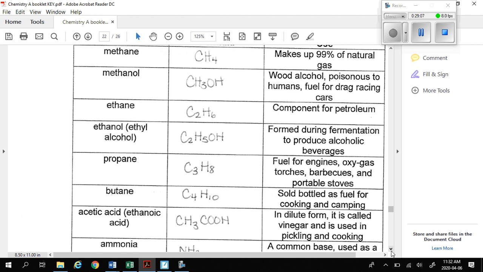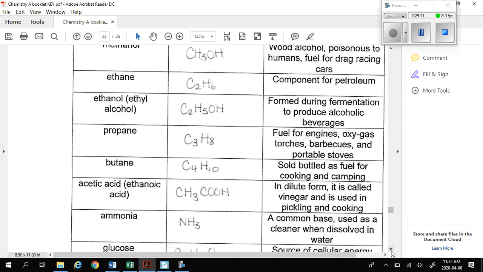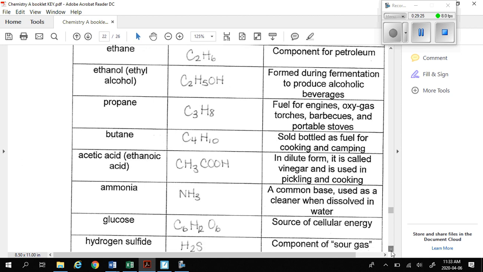Propane, C3H8, butane, C4H10. If you take Science 20, we're going to talk a lot about methane, ethane, propane, butane, all of these hydrocarbons and their uses and how they're extracted. So C4H10 is butane. Acetic acid, so this is actually just vinegar. CH3COOH, so it's a particular group called the carboxylic acid, which we actually deal with in Science 30.